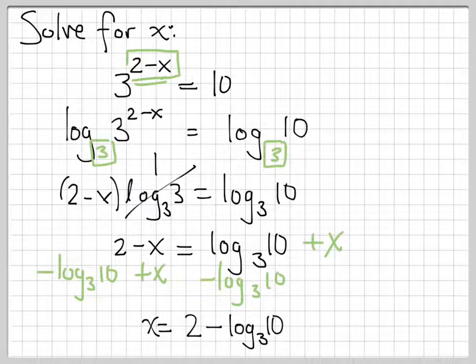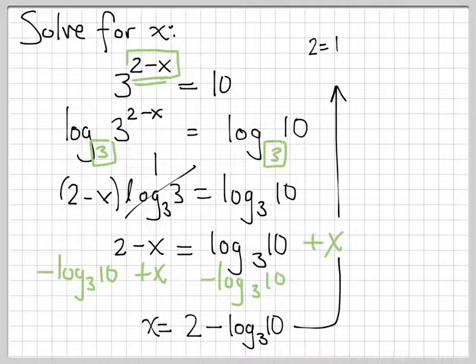Now, I want the answer to look nicer than that. And so I'm going to come up here, and I'm going to note that 2 is the same thing as log 3 of 3 squared, which is log 3 of 9.